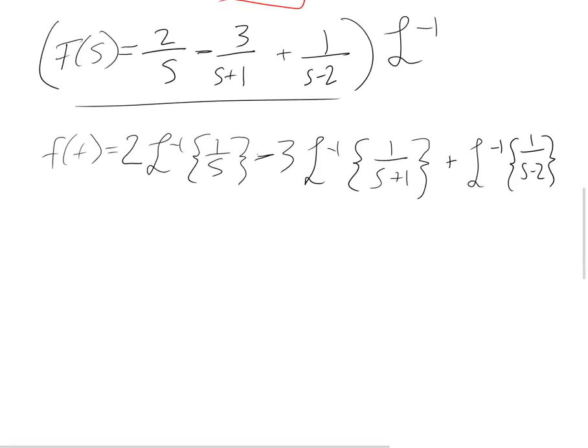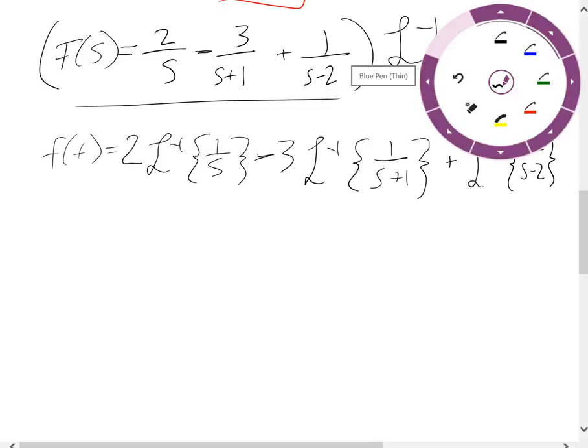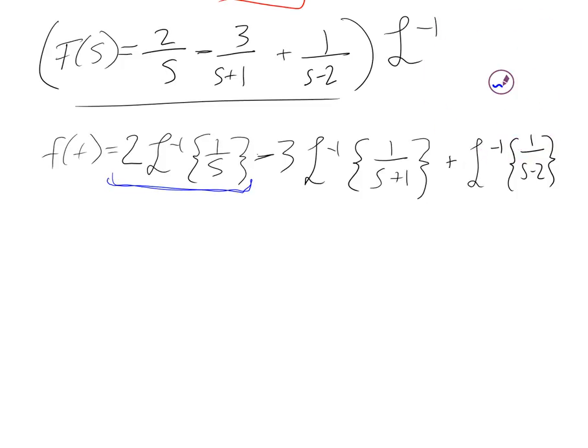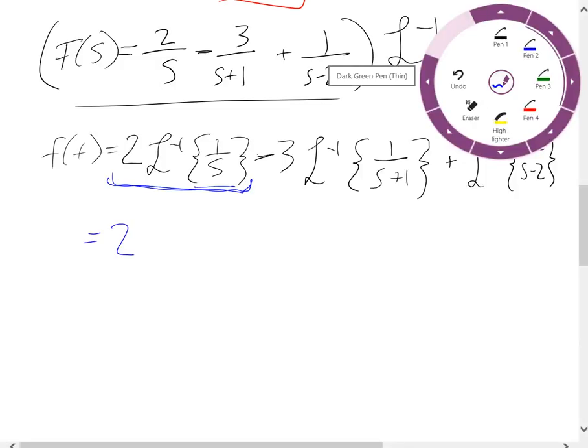We know that the inverse Laplace of 1 over s is just 1. So now we have f(t) equal to 2 times 1, so we have 2.